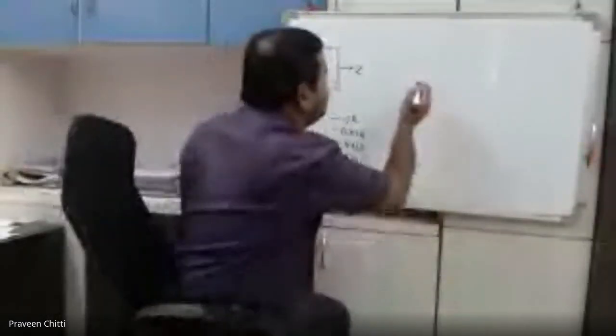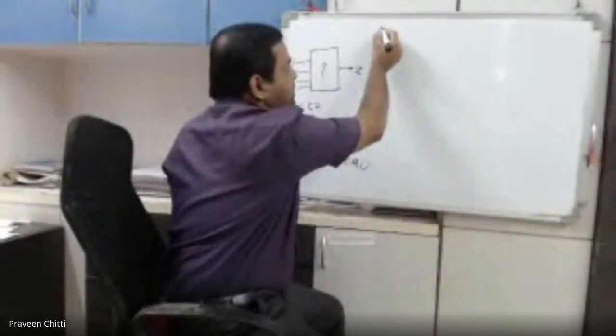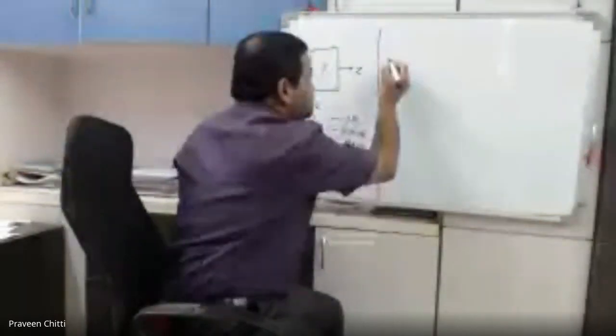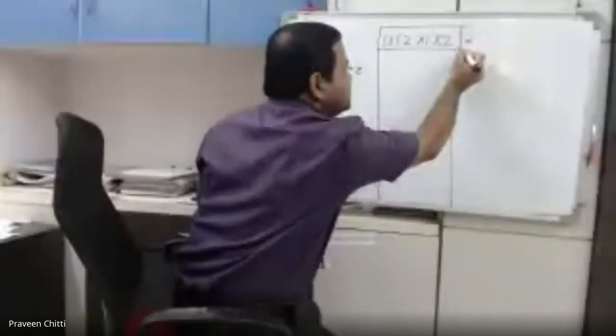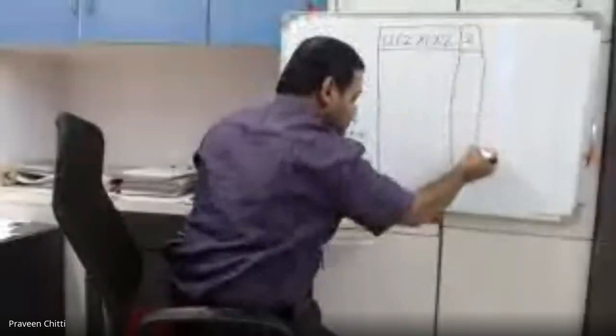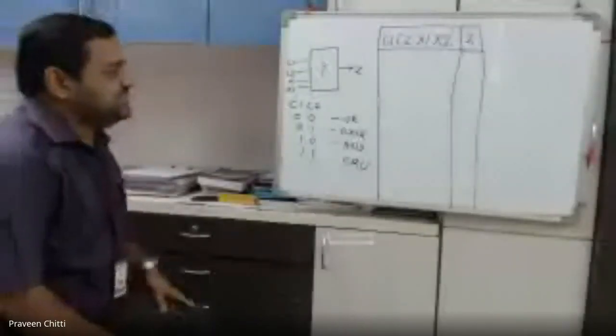I have to write C1, C2, X1, X2, and the output Z.